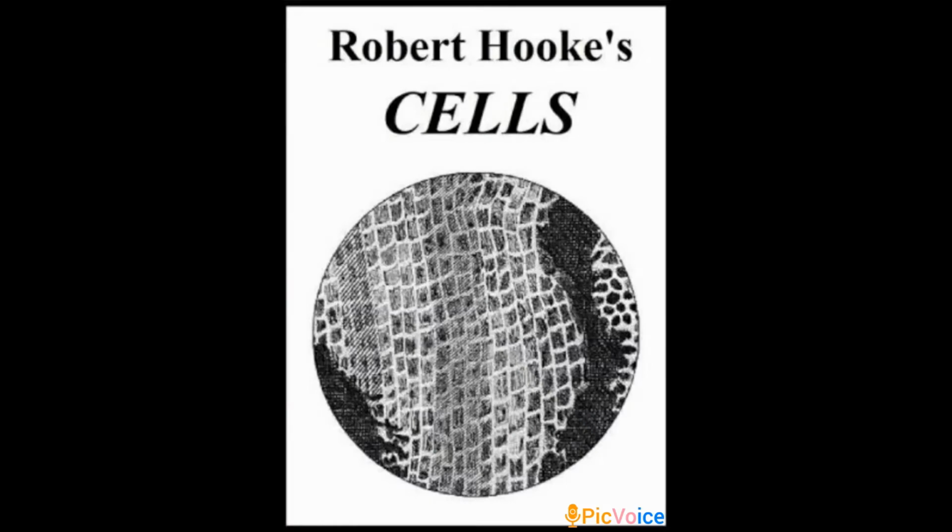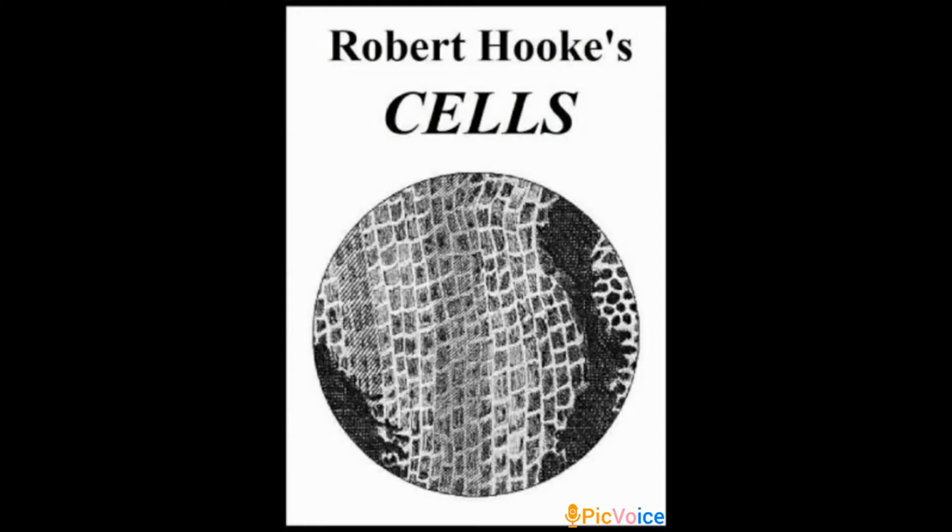So this is the cork cell and it was observed by Robert Hooke. So as I said before, the first cell was discovered by Robert Hooke. He observed slices of cork under a simple magnifying device.